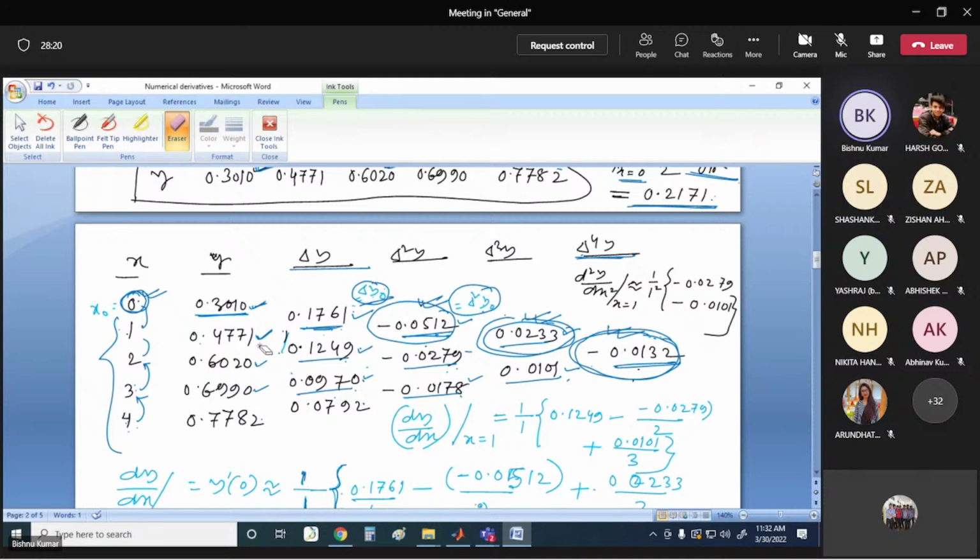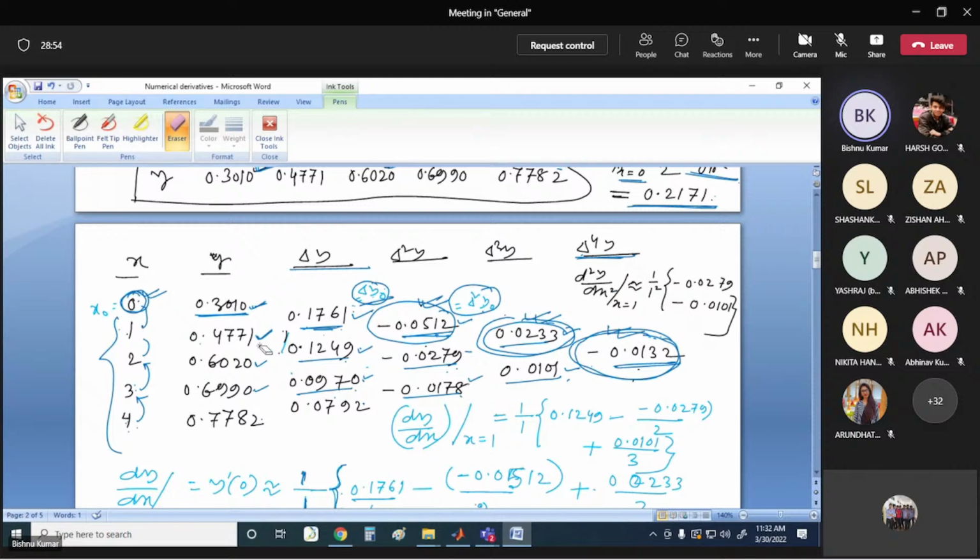Second derivative at x equals 0, d2y by dx2 at x equals 0, will be second difference del 2 y0 minus del cube y0, means this term minus this term plus 11 by 12 this term. And outside 1 by h square. h is 1, so 1 by 1 square. That is the second derivative at x equals 0. Is it clear? Yes, sir.